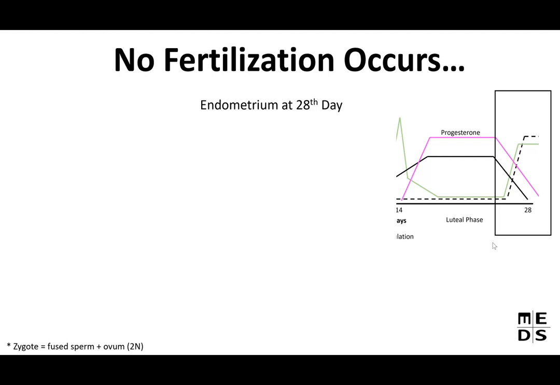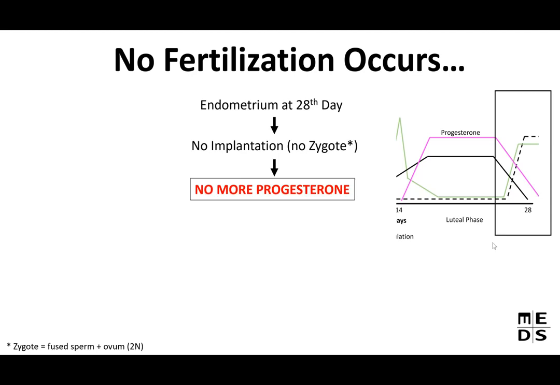Okay, so now we're getting towards the end. If no fertilization occurs, this is what happens to the endometrium on the 28th day. If no implantation occurs, meaning no zygote, there's going to be no more progesterone, because at a certain point, the corpus luteum doesn't have enough support. It's kind of like a ticking time bomb. It can only stick around during those 14 days.